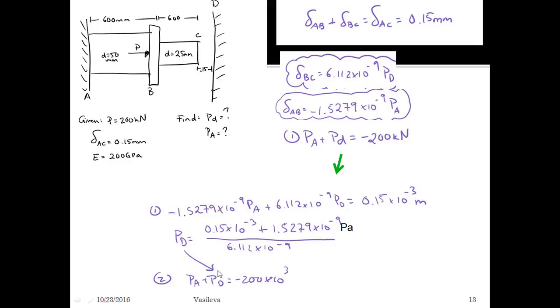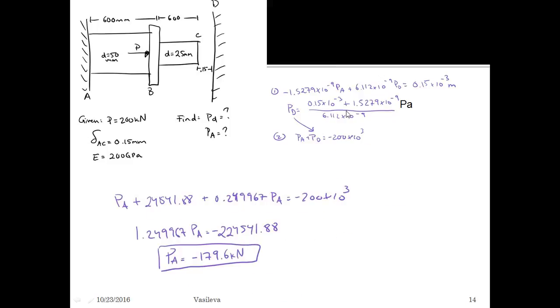So once I plug that in, this entire equation will be only in terms of PA, so I can solve for PA. It's just a bunch of algebra which you're going to have to hash through, and once you end up solving through it, you should get PA equals negative 179.6 kilonewtons.